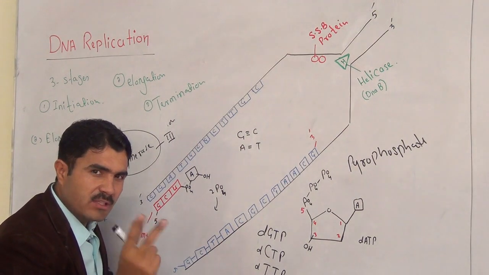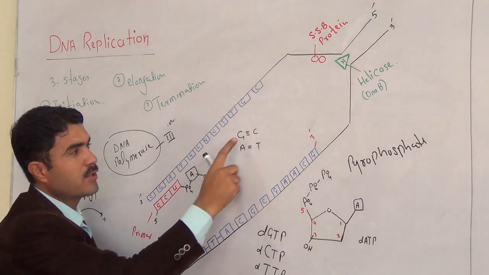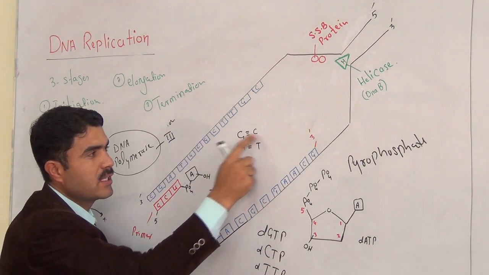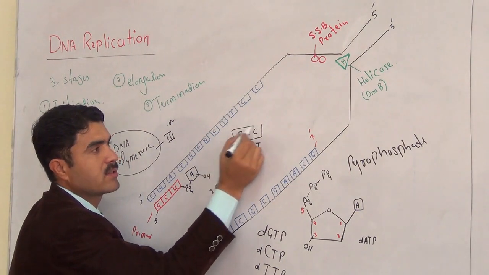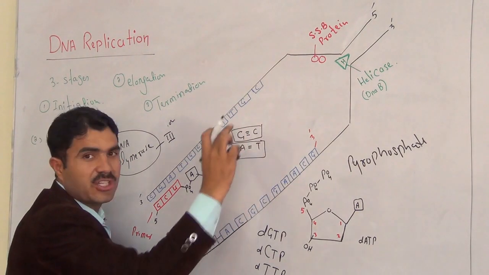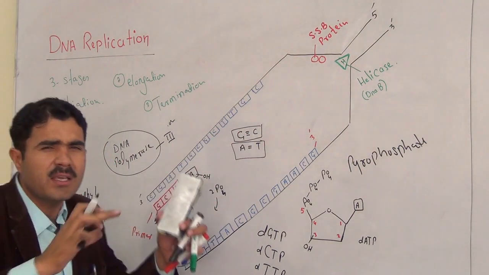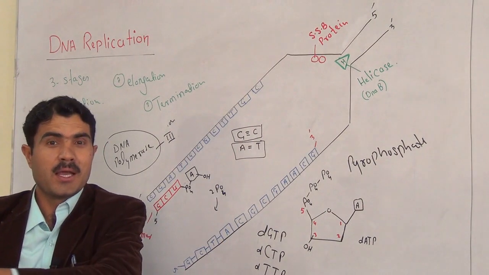The active site of the DNA polymerase is only suitable for this kind of geometry. This is a special geometry of guanine-cytosine, a special geometry of adenine-thymine. The shape these two attain can easily fit in the active site of the DNA polymerase.